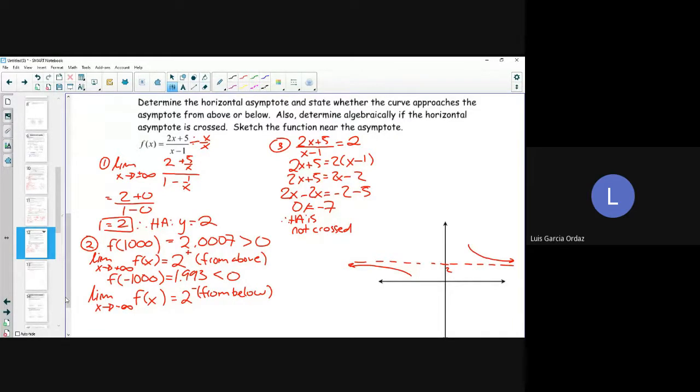If that gave me an x value, then I would have to solve. Then I would have to sub in for x and figure out at what y value my graph crosses the horizontal asymptote. Does anybody have any questions about this as of yet?